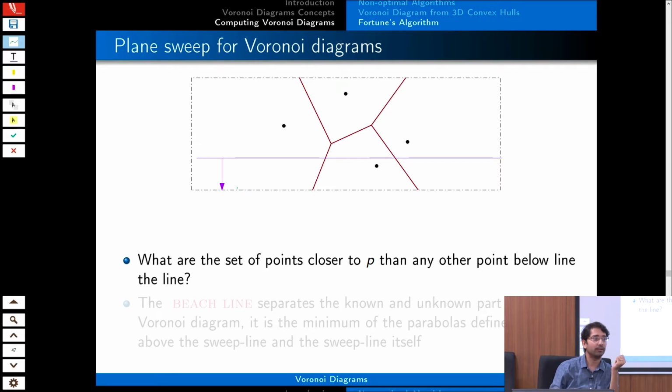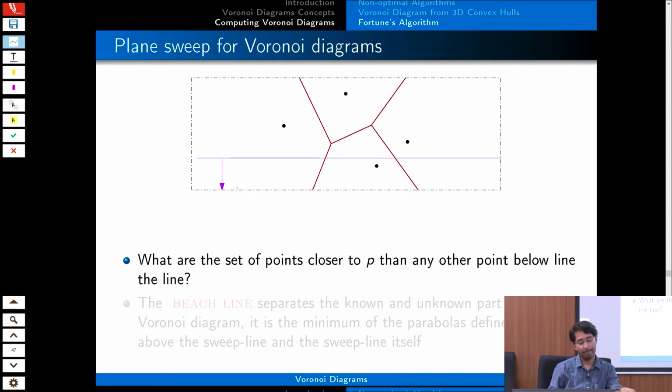This is a general hunch. There is no mathematics, no computer science, nothing. I am sweeping a line from top to bottom, where should I stop to change my data structure? Where are the changes happening? Site points, right? That makes sense. So, the first guess is we have to stop at the site points.